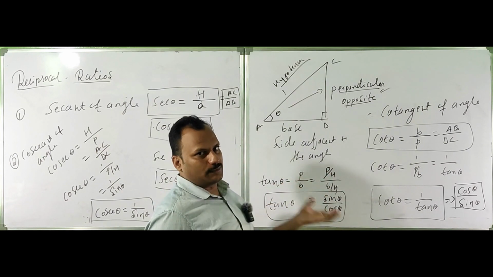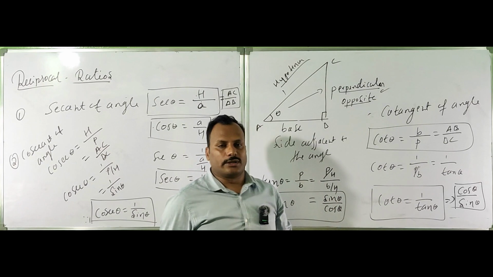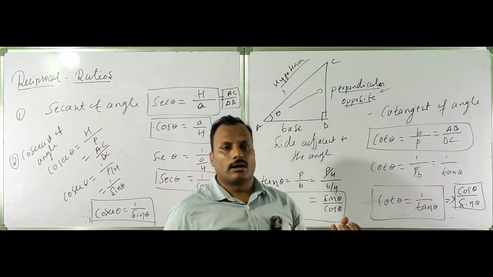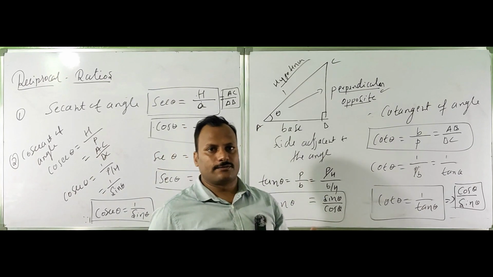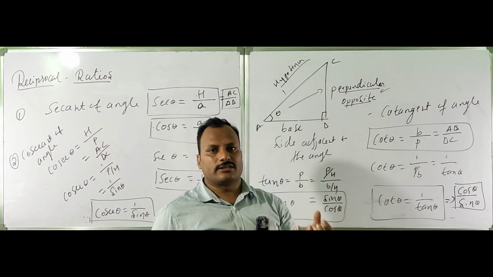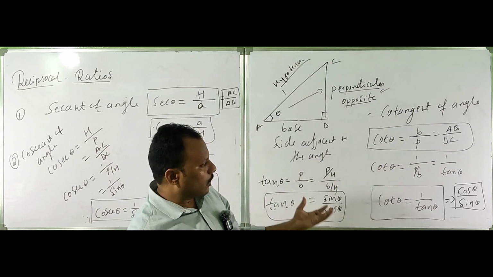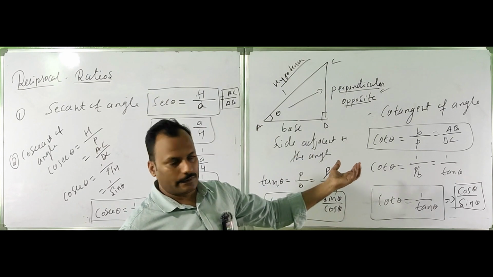Similarly for the reciprocal ratios, secant is base by hypotenuse, the side adjacent to the angle divided by hypotenuse. Cosecant is the reciprocal of sine, hypotenuse by perpendicular. Cotangent is base by perpendicular, reciprocal of tan.